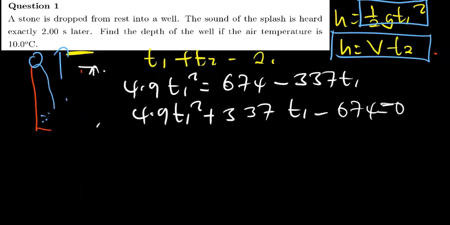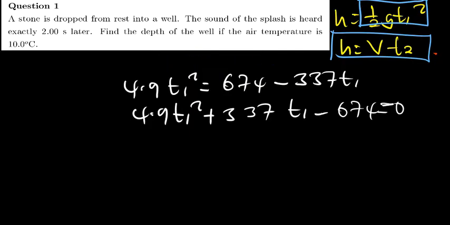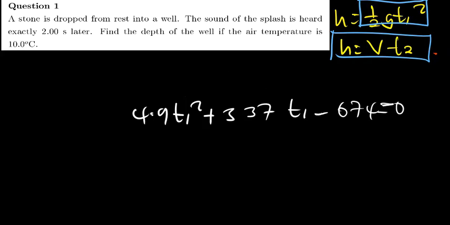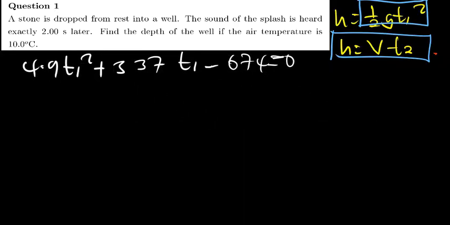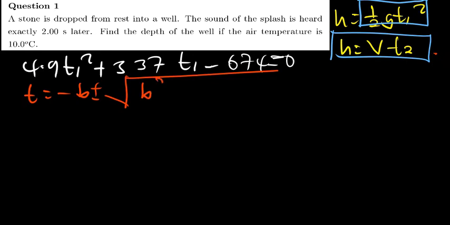Now that I've got this equation here, I can use the quadratic equation to find the value of T. I no longer need this. Then I also no longer need this. Let me just push this part here to be on top. So using the quadratic equation, T is equal to negative B plus or minus the square root of B squared minus 4AC, divided by 2A.